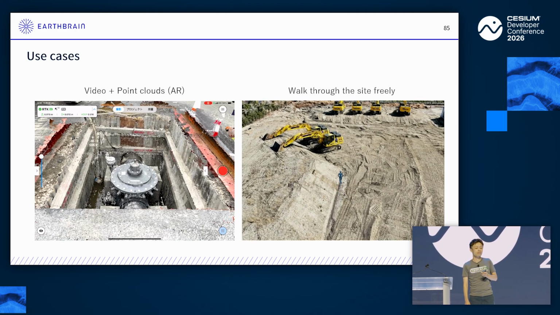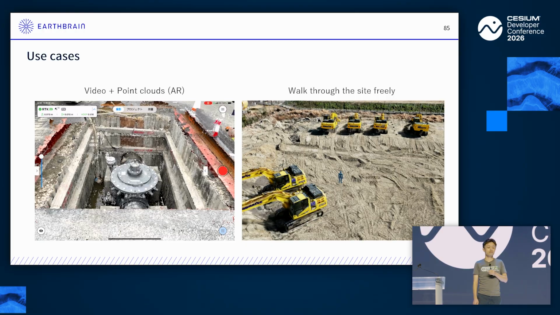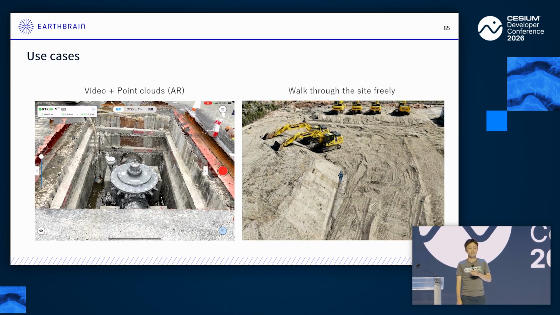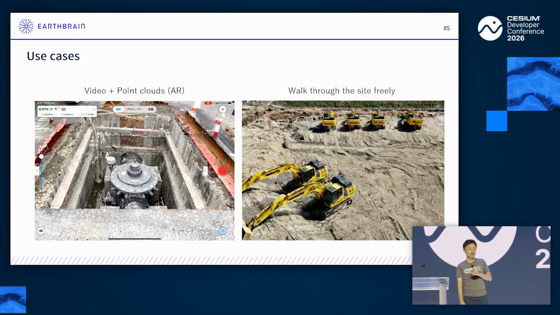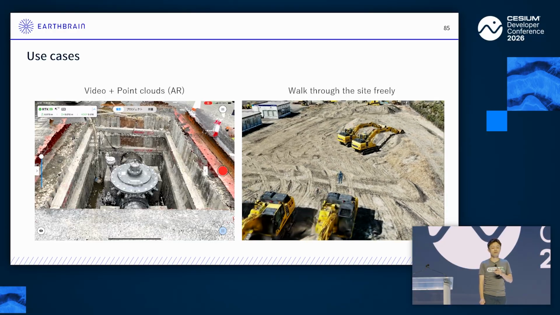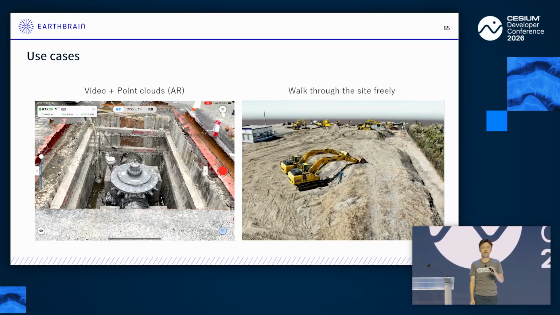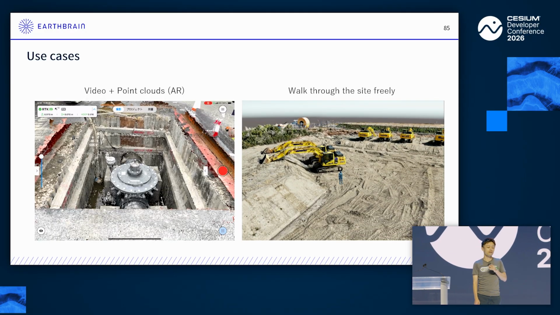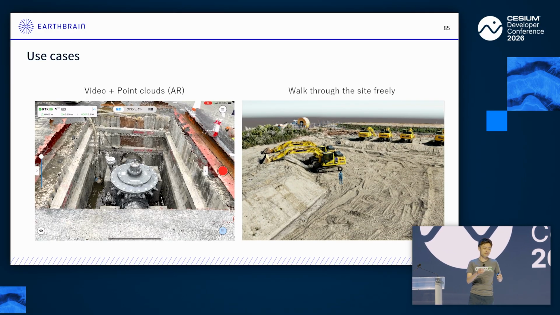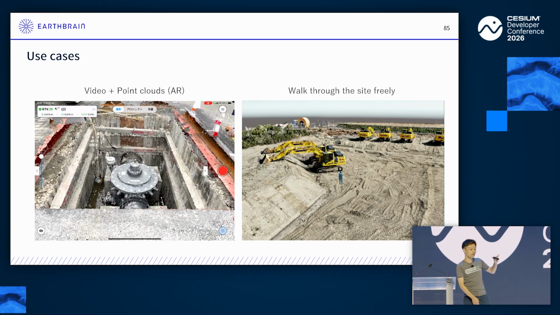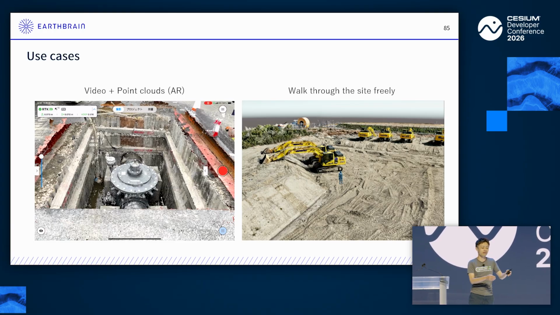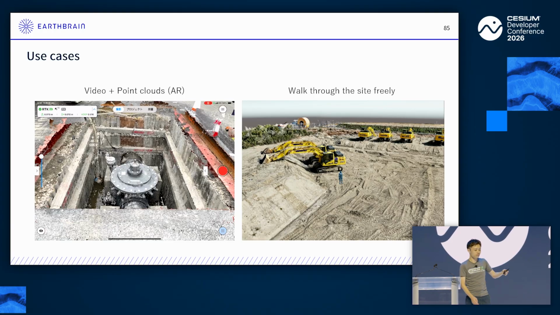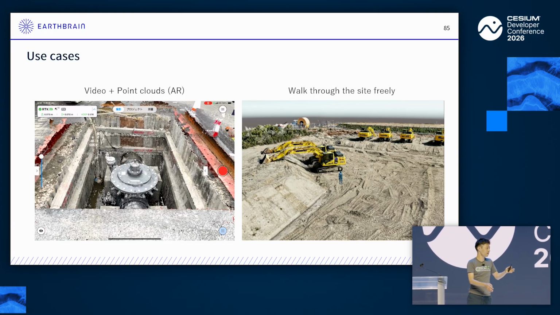The one on the right is like a game. We can move around the entire construction site freely, so if the residents want to see some part of the construction site, we can give them this runtime to see. You can see the entire construction site like this.